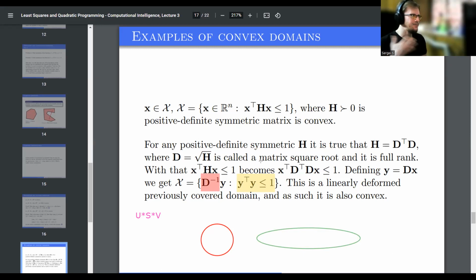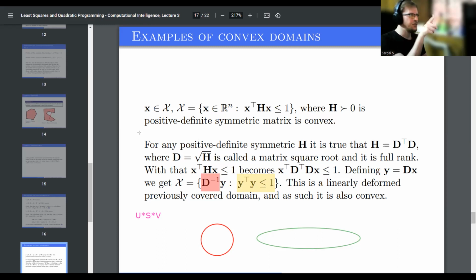And since you know that, how to prove its convexity? Well, in terms of y, this is convex. This domain, the unit circle, is convex. It is just that it is later stretched. Any 2 points on this unit circle, the line connecting them would also be inside the unit circle.